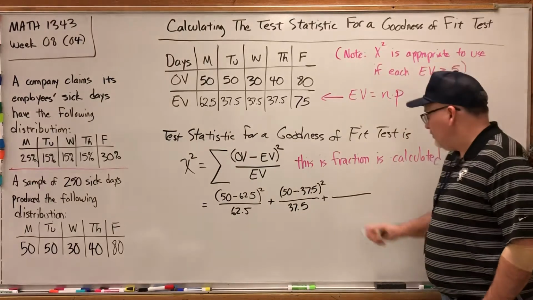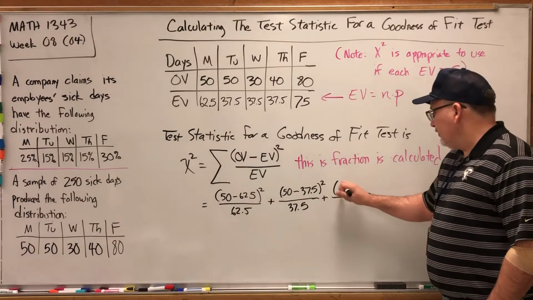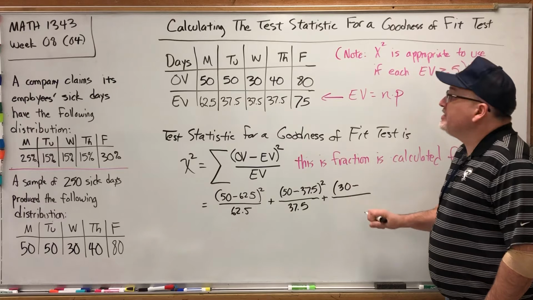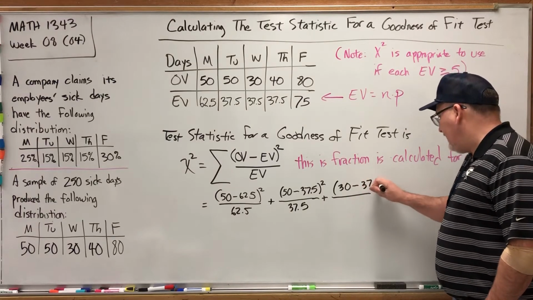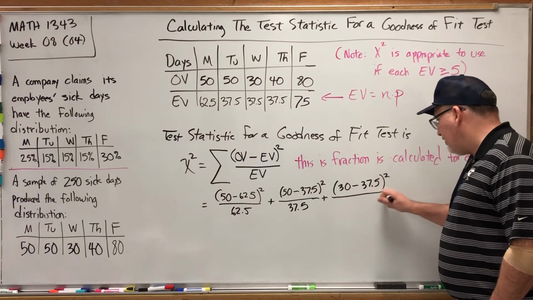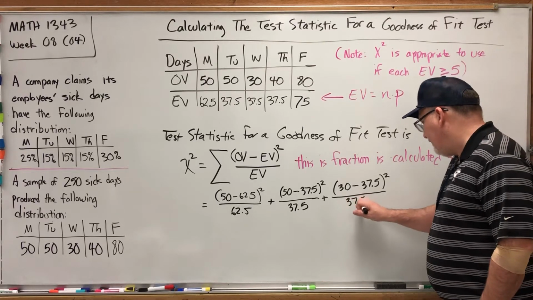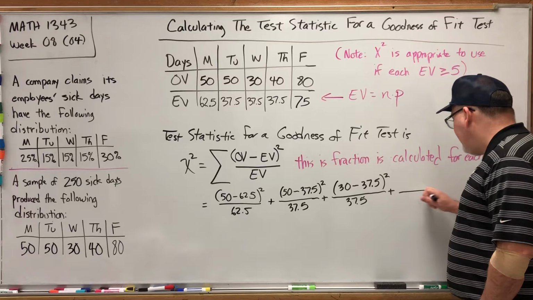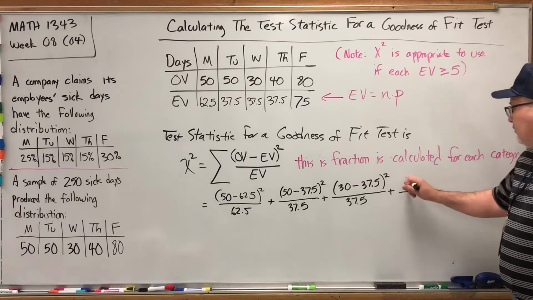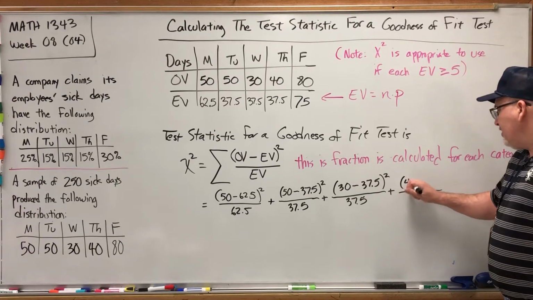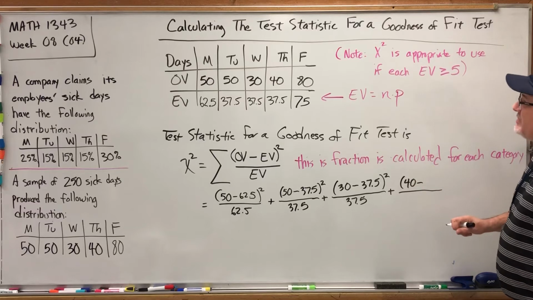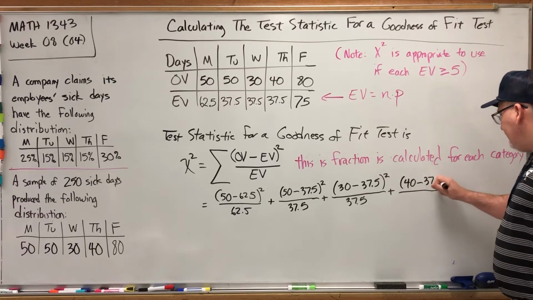Then for Wednesday, in the numerator, what we observed was 30 minus what we expected was 37.5. That difference gets squared and then divided by what we expected, which was 37.5. And then for Thursday, in the numerator, what we observed was 40 minus what we expected was 37.5.